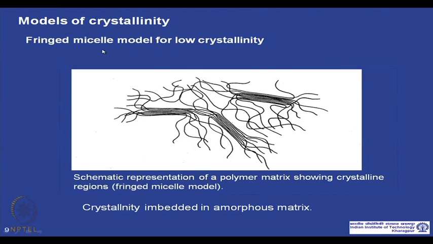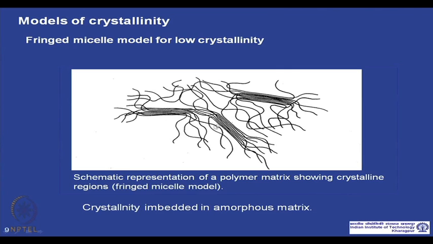There are different models available for polymer crystallinity. This is the fringed micelle model, where crystalline domains are micelle-like structures. These crystallite regions are formed by different polymer chains, and also one single chain can be part of different crystalline regions.